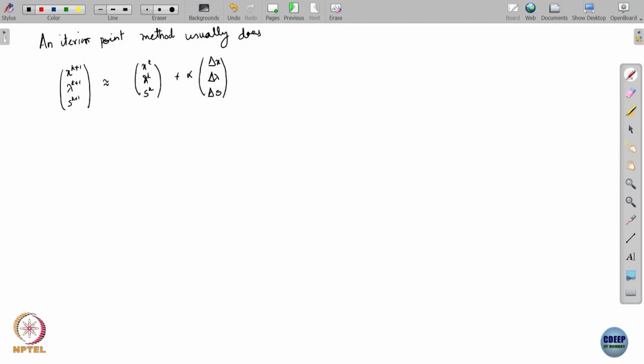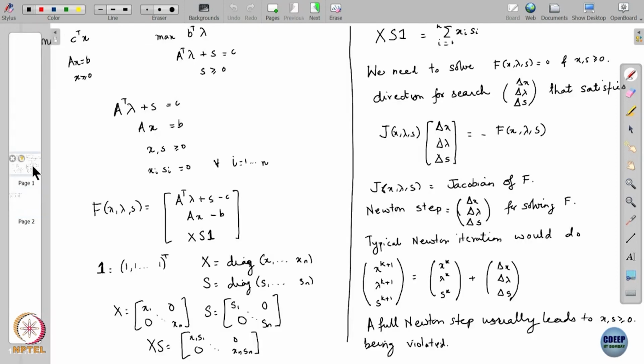Now, this also can be diluted further. It's not merely that you want to maintain feasibility with respect to this, and this is actually one of the insights that led to this method becoming so successful.